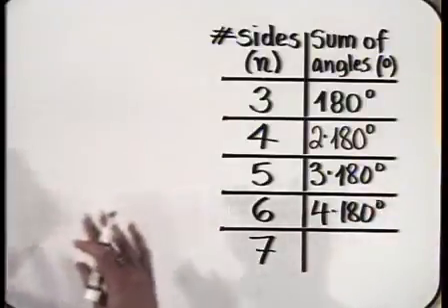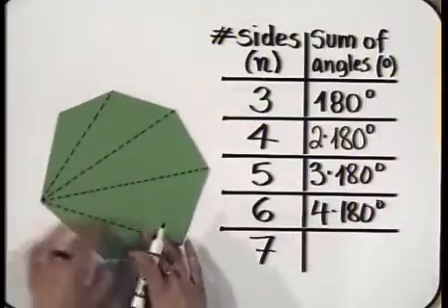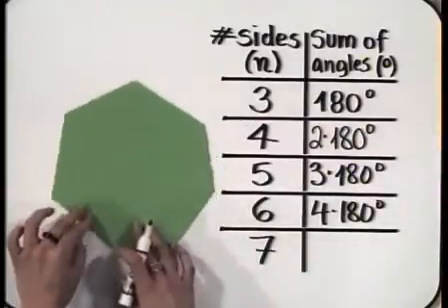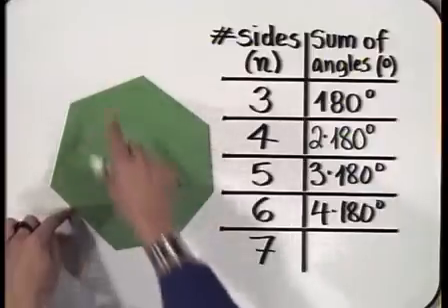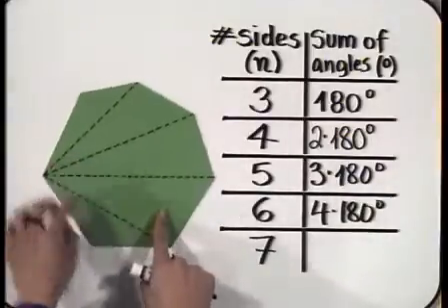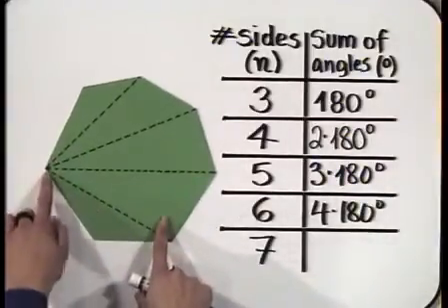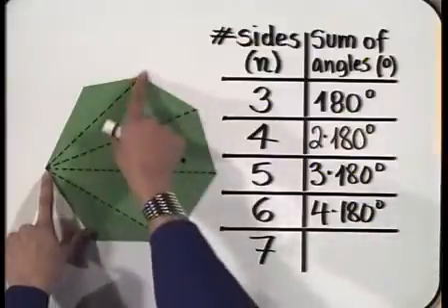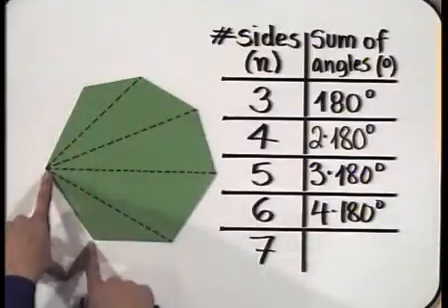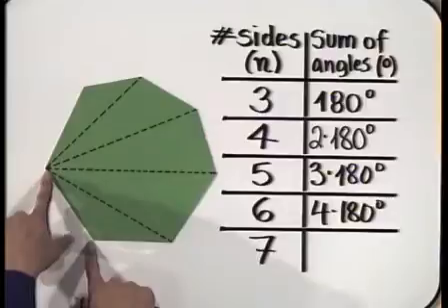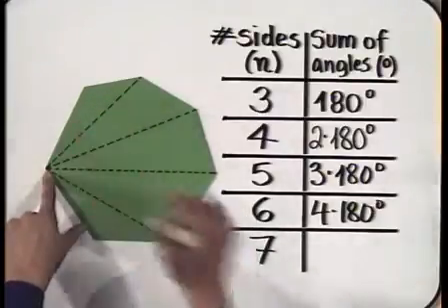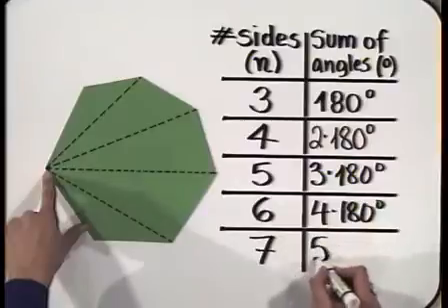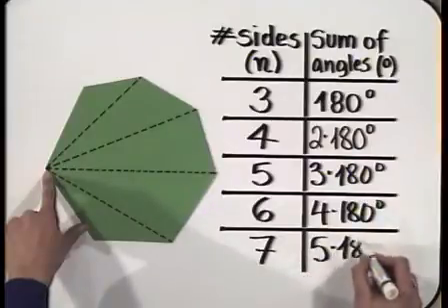And for our last example, let's go to a heptagon. Here's a 7-sided figure, 1, 2, 3, 4, 5, 6, 7. I connect one vertex right here to 5 vertices because you cannot connect it to the adjacent ones. That wouldn't form a triangle. And I have 1, 2, 3, 4, and 5. So my total is 5 times 180.